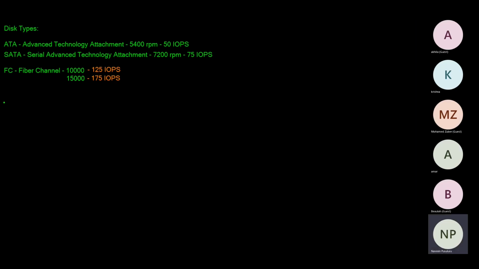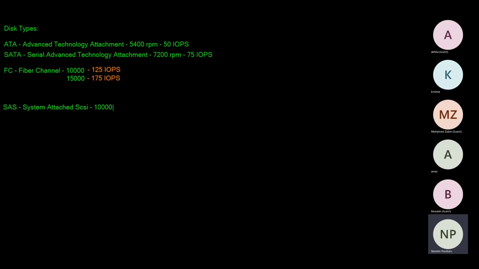Next model is SAS. The full form of SAS drive is serial, or I think system attached SCSI. Okay, that is the full form of SAS. Even in SAS also, it is available to you in two RPMs.